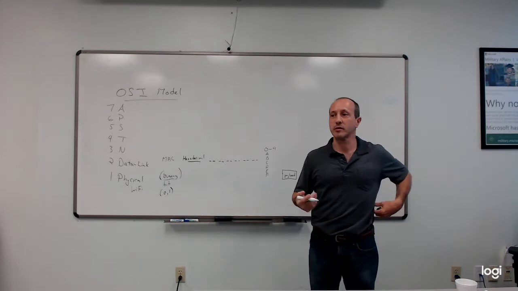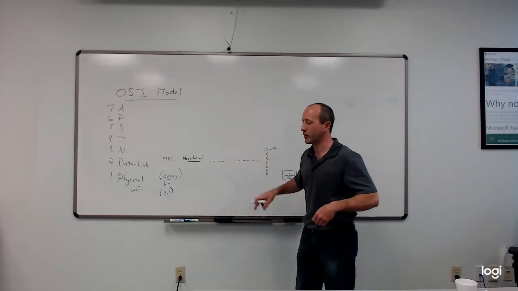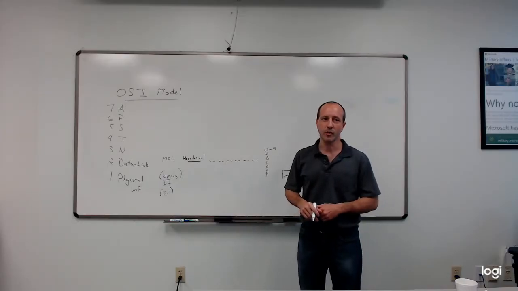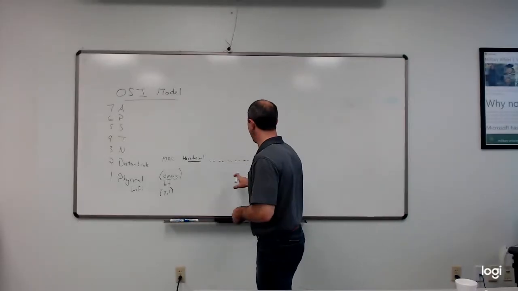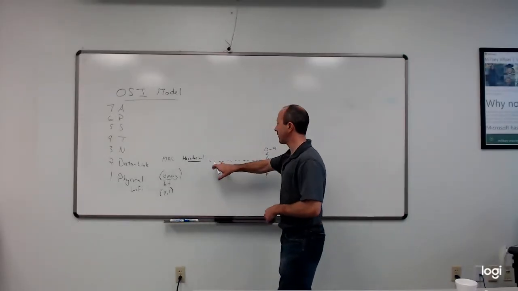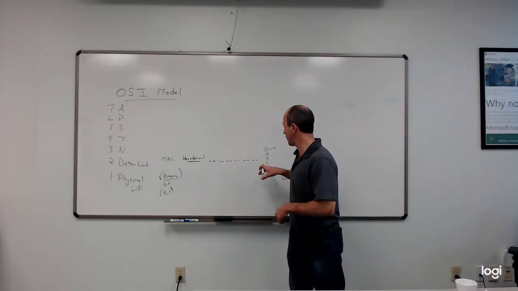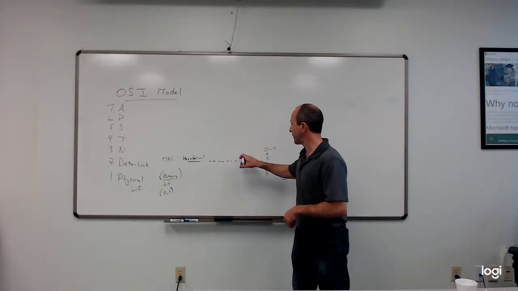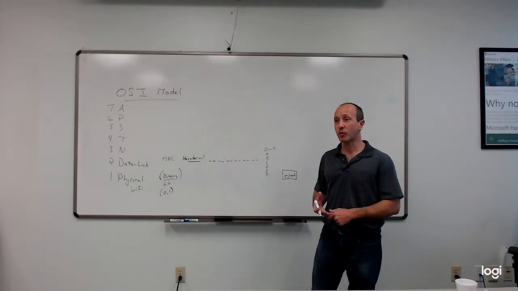There are 16 possible combinations for each one of those characters. Okay? So I could literally have C, A, 3, 6, F, 0, 4, 5, 7, C, and so forth. But that's what it's going to look like.